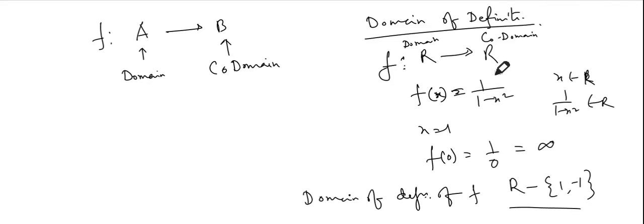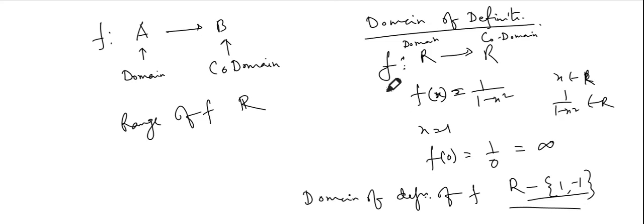Now we see that every point of R can be derived from 1 by 1 minus x square. So the domain of definition is this, and the range of f is R, because for different values of x, we may find every point in the codomain.